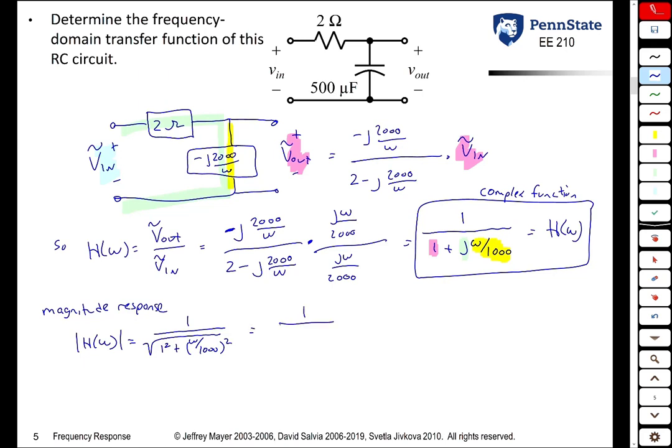You work that out, you get 1 over the square root of 1 plus omega squared over 10 to the 6th. This is a specific magnitude response for this value of resistor and capacitor. The more general case, if we leave the resistor and capacitor as variables R and C, we would have gotten 1 over the square root of 1 plus omega squared R squared C squared.